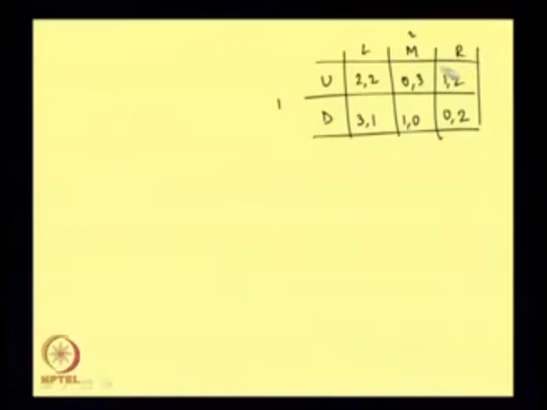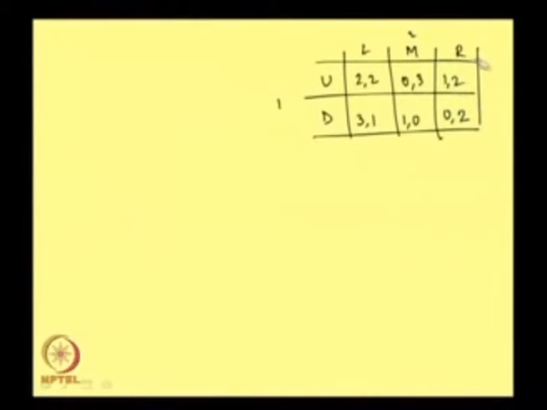Now, one may wonder what is the relationship between these two kinds of games. I mean, if I have von Neumann preference games and if I have games with no von Neumann preferences, but the number of players are same, the action set remains the same, then what is the relationship between these two sorts of games? So, the following results will be able to tell us more about this.